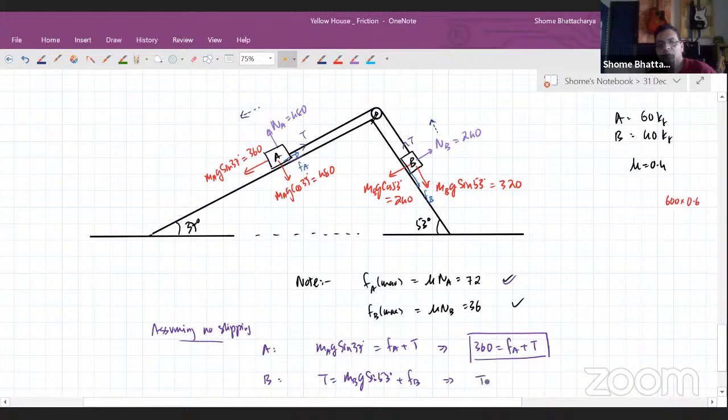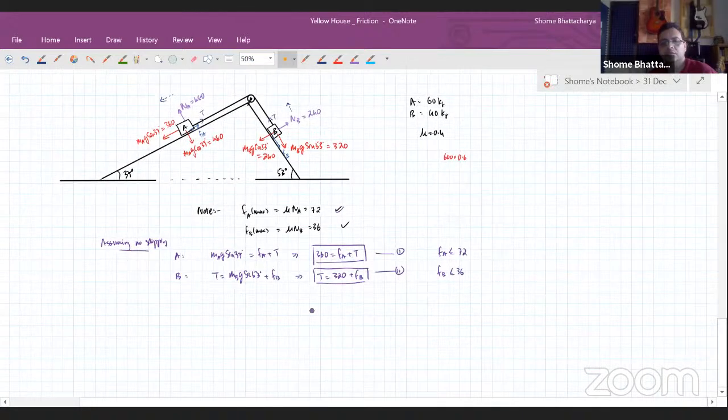So tension is equal to 320 newtons plus friction, where we know that the maximum friction available is less than or equal to 72 newtons, and this is less than or equal to 36 newtons.